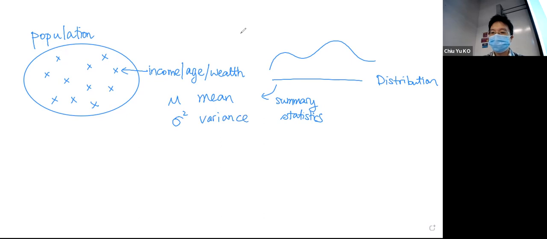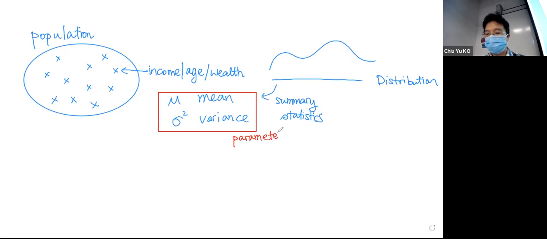These are all what we call the parameters of the model, the population parameters. There is something we want to know. If we were able to observe every single element in the population, then we could actually get this number.